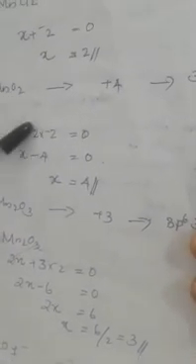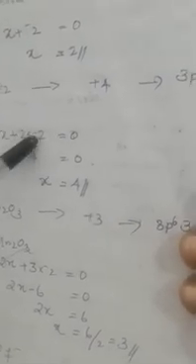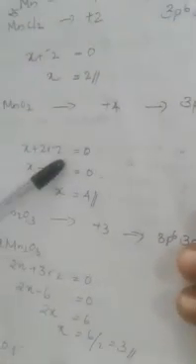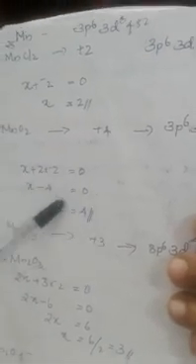Then in MnO2, put X for Mn, and for O the oxidation state is -2. There are 2 oxygen atoms. 2 into -2 is -4, and X plus -4 is equal to 0. So X is equal to 4. Like that, last year you learned and did many problems like this.